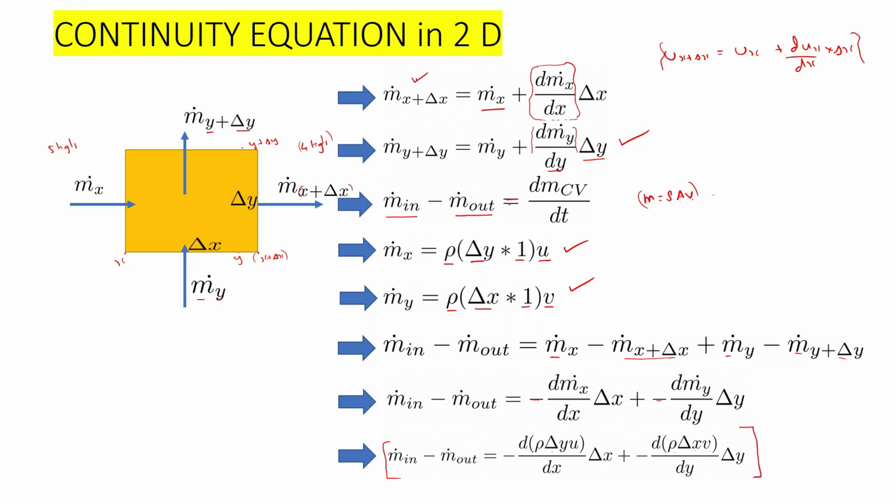That is m dot in minus m dot out. So we will write that equation once more. That is m dot in minus m dot out is equal to minus d rho delta y u by dx into delta x plus minus d rho delta x v by dy into delta y.